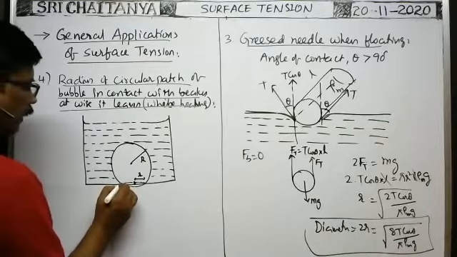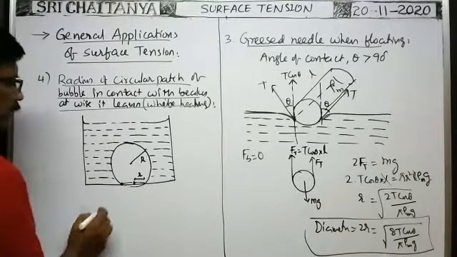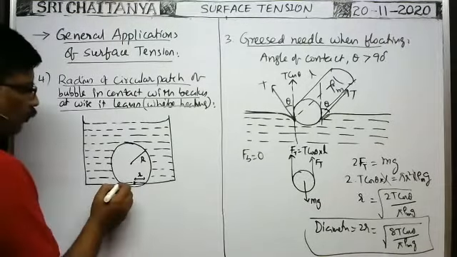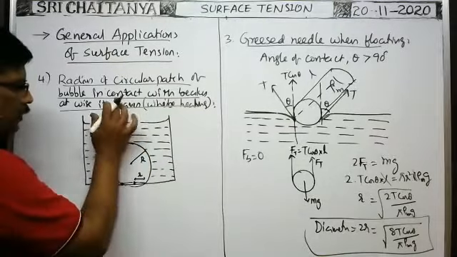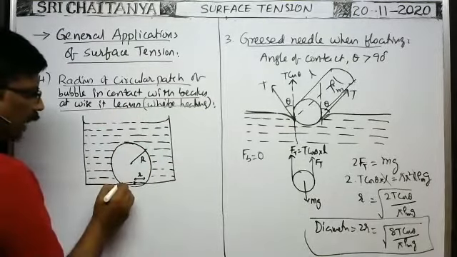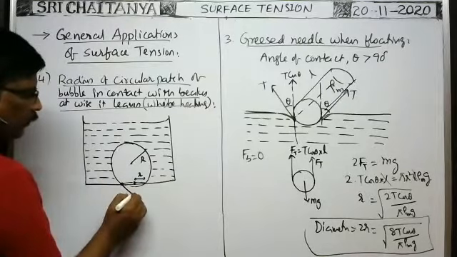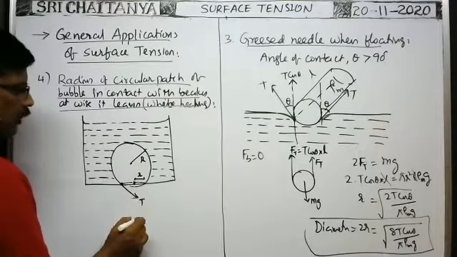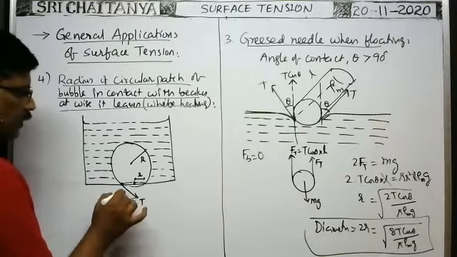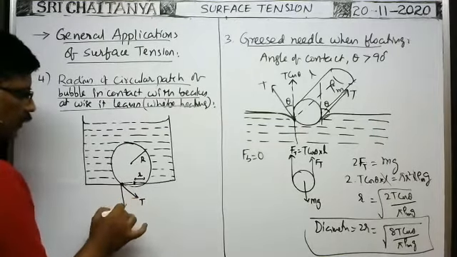So exactly at the point of contact, because this bubble tries to leave upwards, the force due to surface tension acts on the bubble in this direction. This is the direction of the surface tension. The component of surface tension acts along the vertical direction.